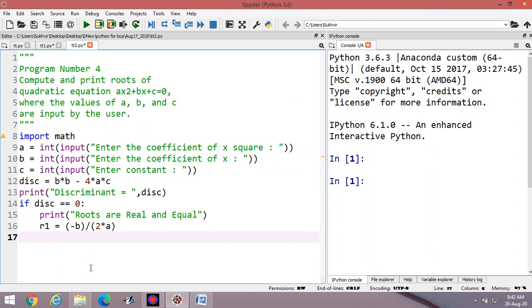Similarly, you can write here R2. The second one, this one, R2 is also equal to minus b divided by 2a. Now you can print the value.